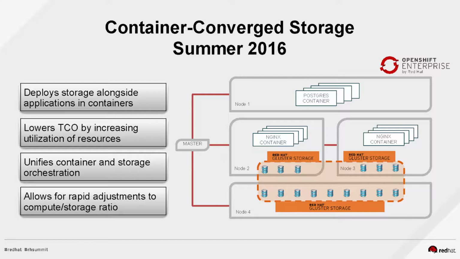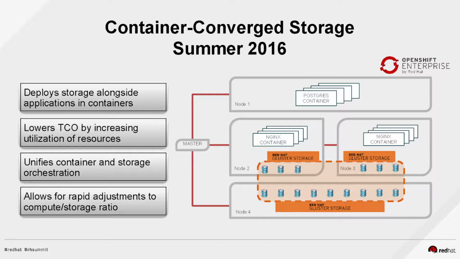Because there's a long delay: you have to submit a capital request, go buy the infrastructure, go set it up, etc. So you can get productive immediately using this approach, providing storage within OpenShift. Now, obviously, within your OpenShift clusters there need to be servers with direct attached storage that we can land the containers on; we can't manufacture storage hardware out of thin air. But it obviously will lower TCO.